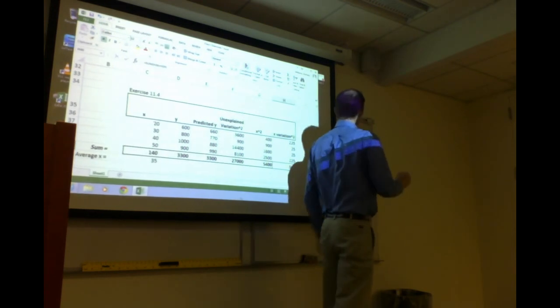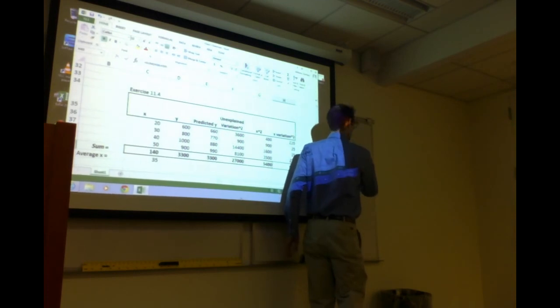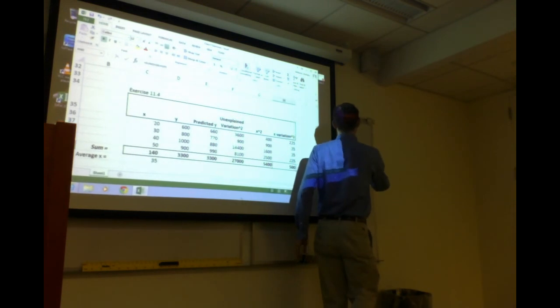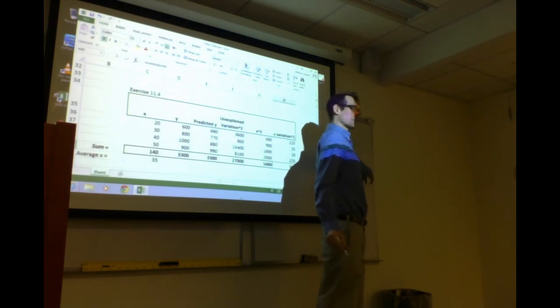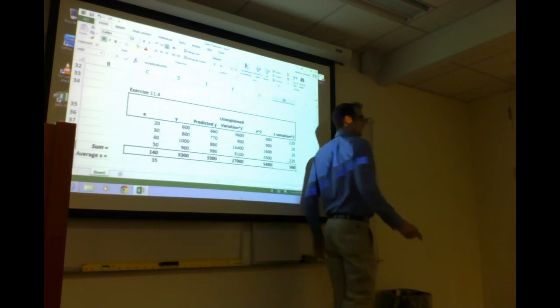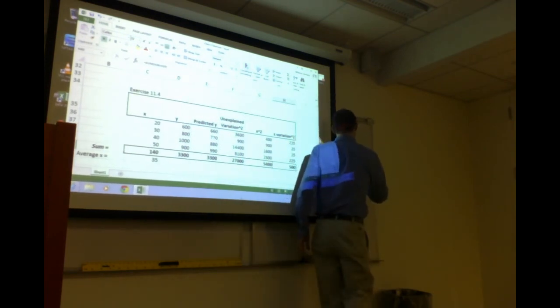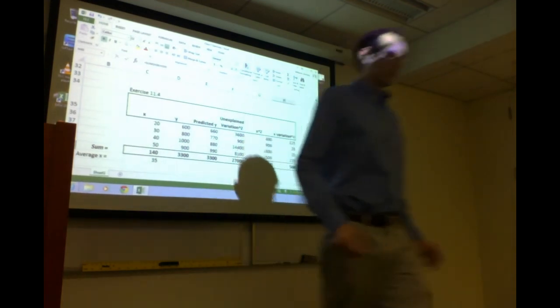So we're going to need a test statistic, a t-stat. The t-stat is going to equal our slope minus 0, the difference between the actual slope and 0, divided by our standard deviation, which is going to be SB.